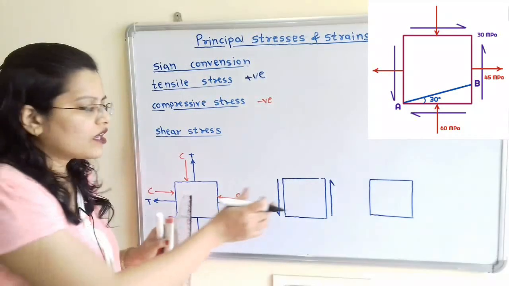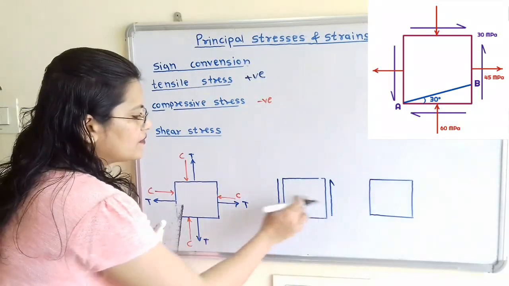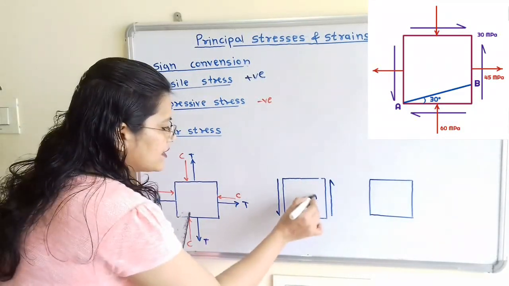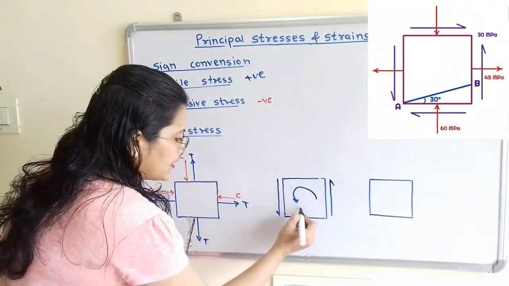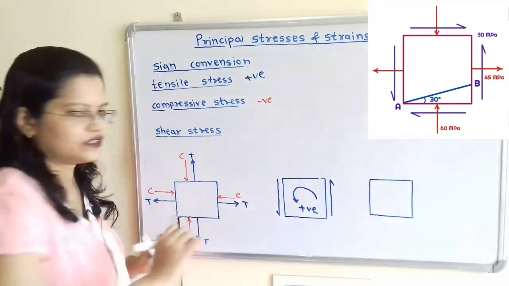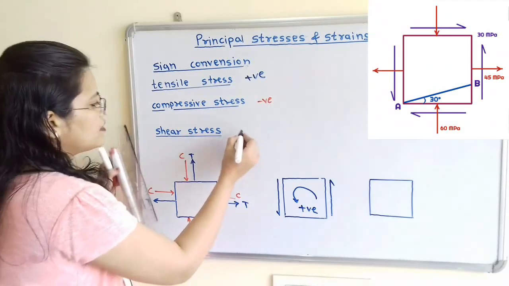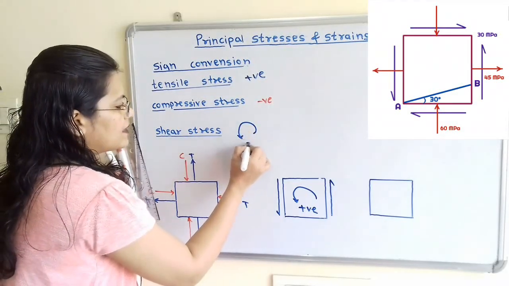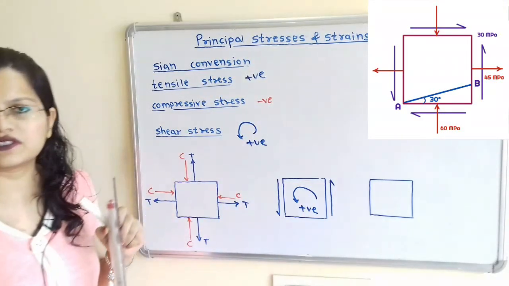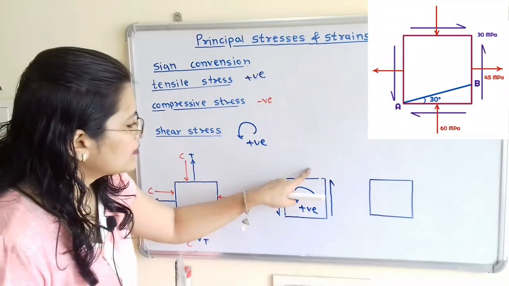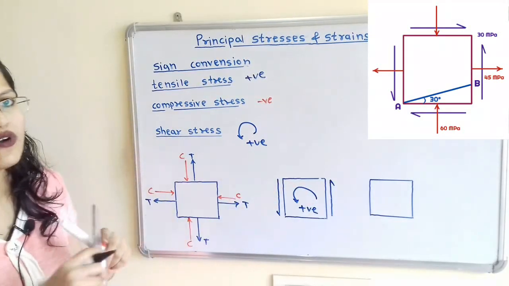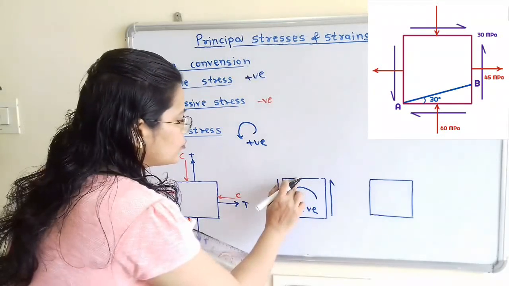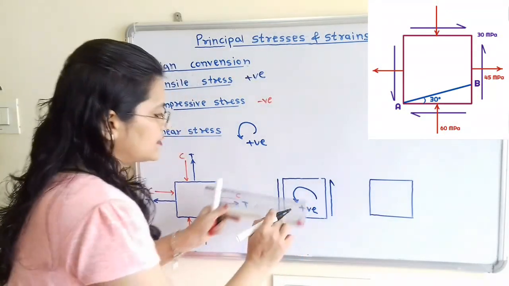Now if I move the compass in the direction of these two arrows, then here is the anti-clockwise direction, and we will use the positive sign. So we will show the shear stress with anti-clockwise direction with positive sign, and the shear stress is in the complementary form. So we have to show arrows on these two faces also.